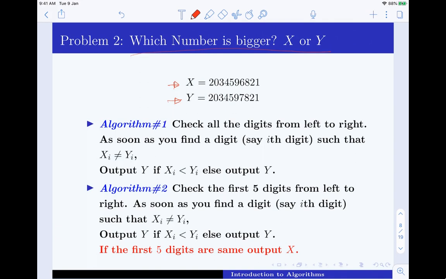One of us comes up and says, okay, what I will do is check all the digits from left to right, and at the first digit place where these two digits don't match, whichever digit is bigger, I will output that number as the bigger one. Now, convince yourself that this is of course a correct algorithm, and the total number of steps required is of the order of log x base 10, or if the total number of digits is n, then this becomes of the order of log n.